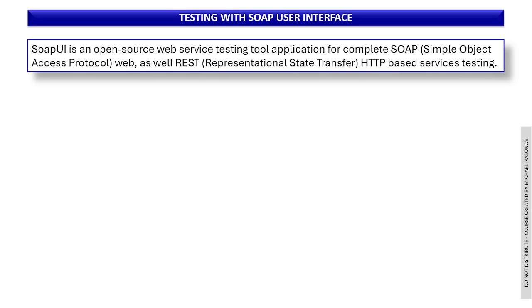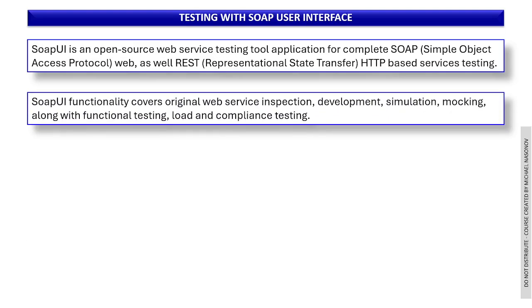And finally, testing with SOAP user interface, or SoapUI. SoapUI is an open source web service testing tool for complete SOAP, Simple Object Access Protocol, web, as well as REST, representational state transfer, HTTP-based services testing.